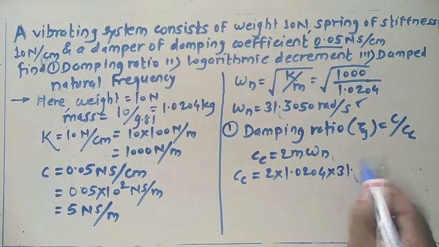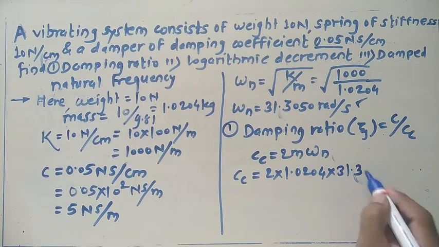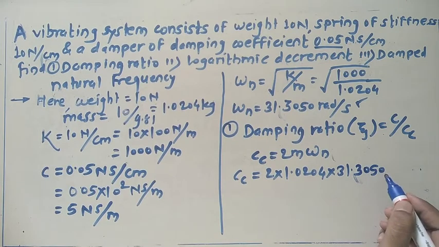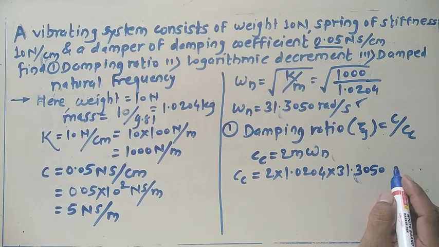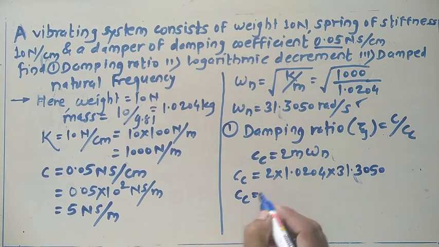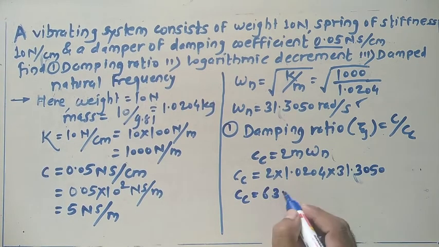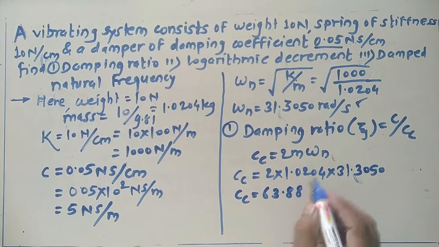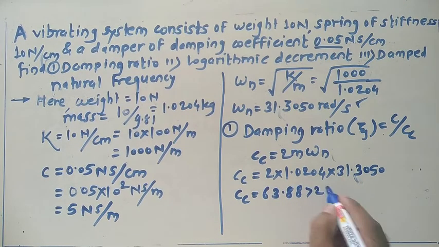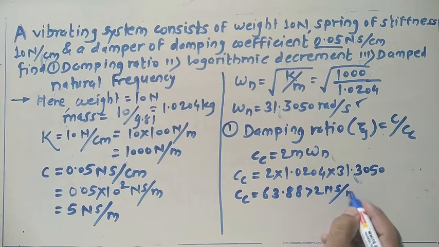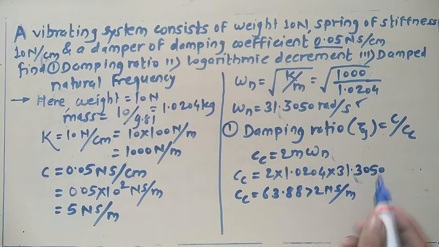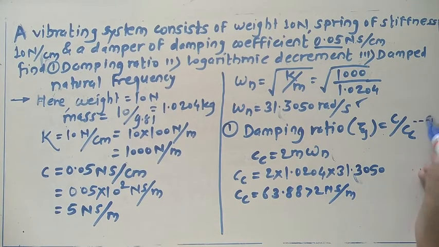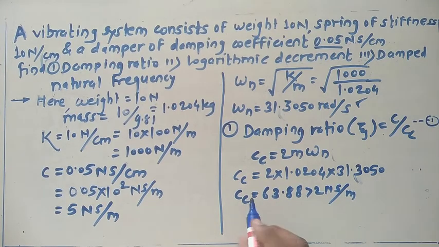So here omega n is 31.3050. After solving you can get the value for Cc as 63.8872 Newton second per meter. What about this term zeta?